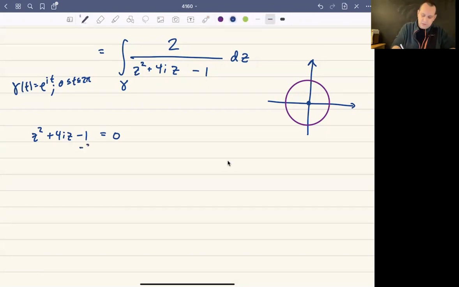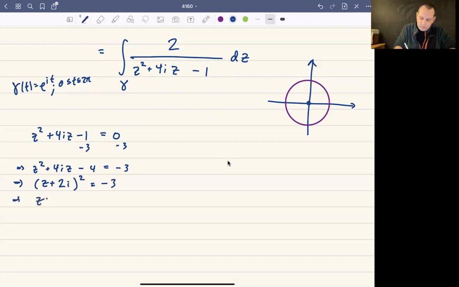So I'm going to subtract 3 from both sides, so that the left-hand side is a square. So z plus 2i squared is equal to negative 3. Therefore z plus 2i is equal to plus or minus square root of 3i, and therefore z is negative 2i plus or minus the square root of 3i.